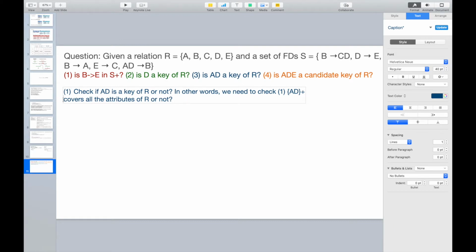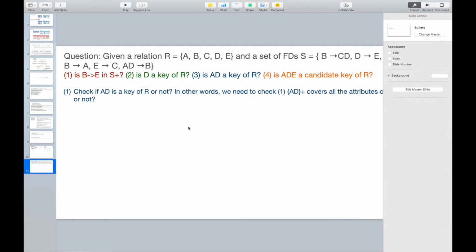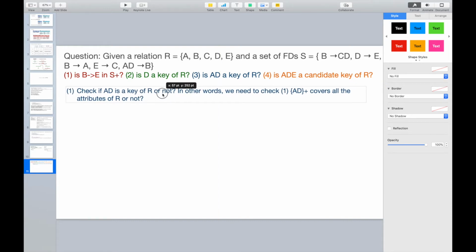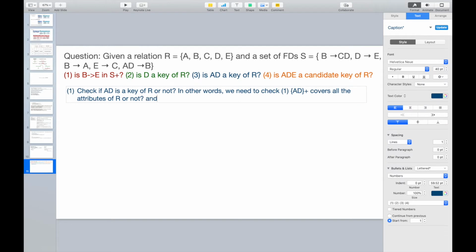Besides this, we also need to check another thing. What else do we need to check? We also need to check that none of its subsets can be the super key. What are the subsets of AD? It can be either A or D, right?